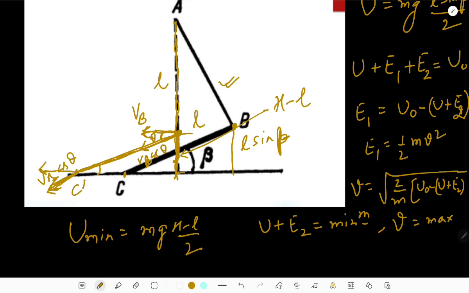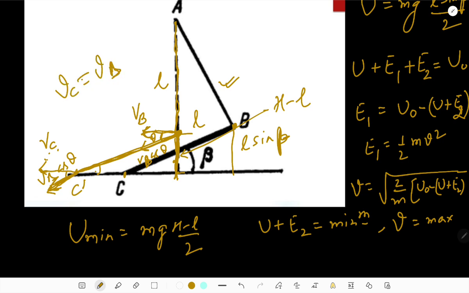If we call it Vc, then Vc cos theta will be equal to Vb cos theta, and so that means Vc equals Vb.